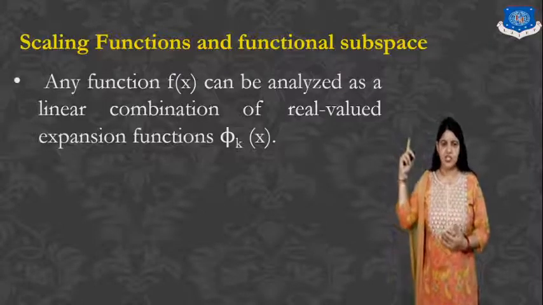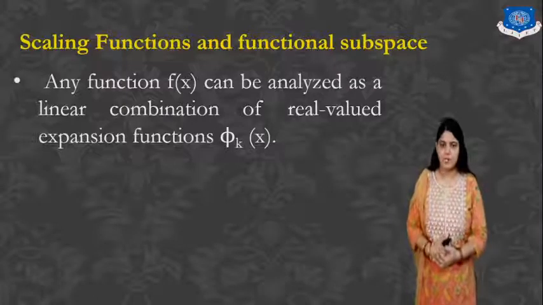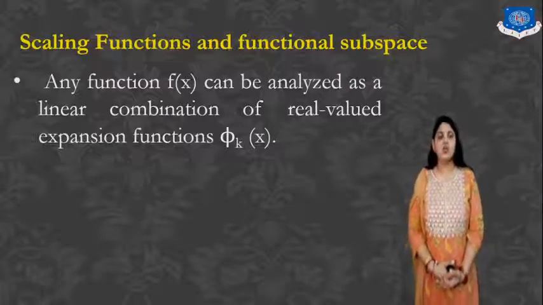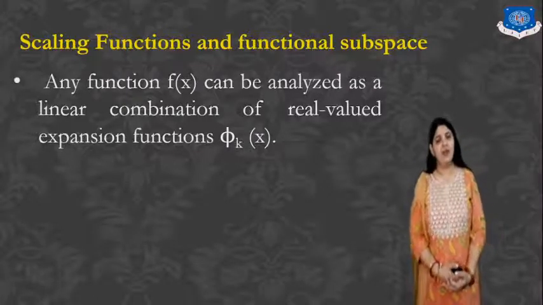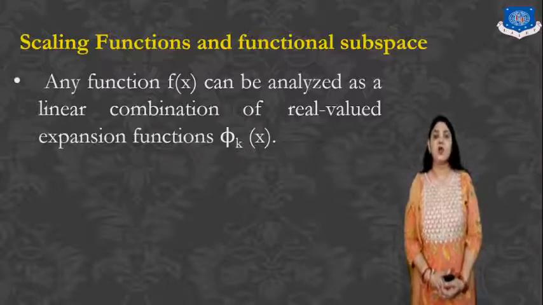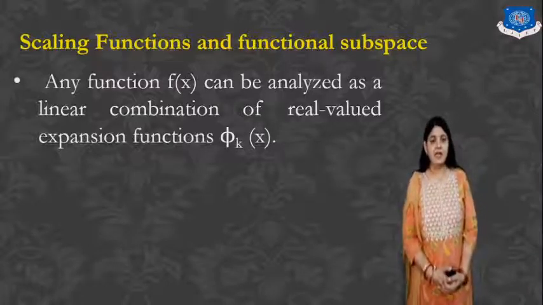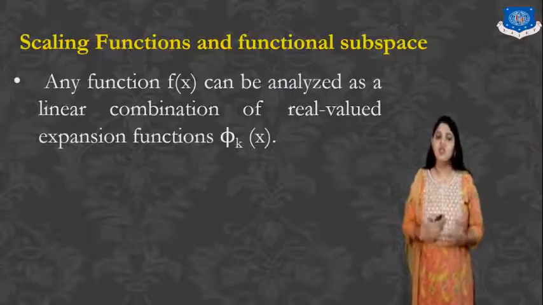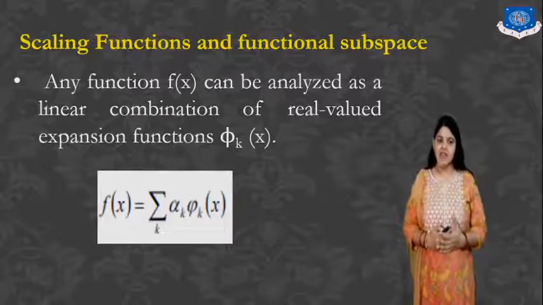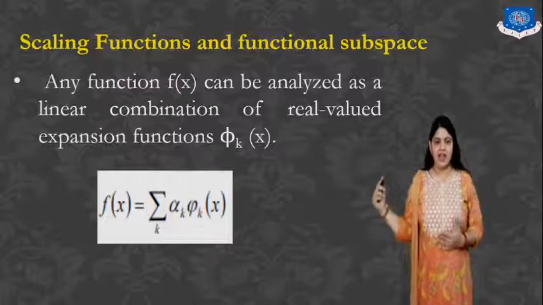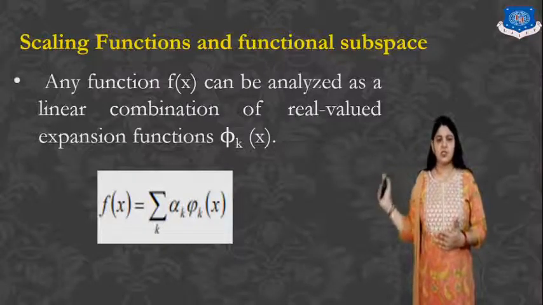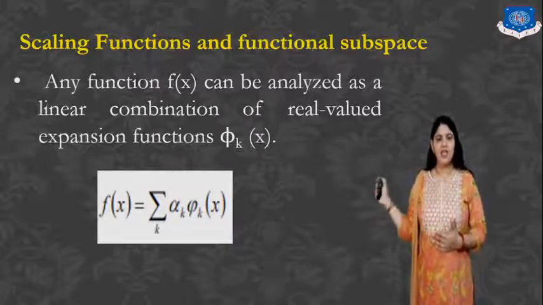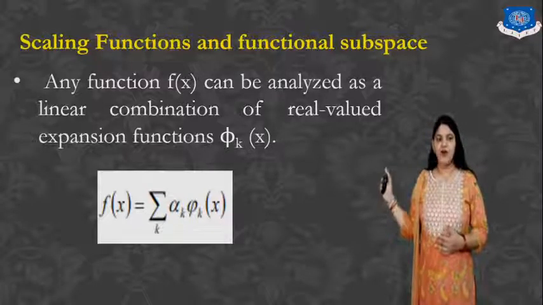Now the scaling function and the functional subspace. What is the scaling function? Any function f(x), meaning this function is your image, can be analyzed as a linear combination of the real valued expansion function phi k(x). So f(x) equals sigma k alpha k phi k(x).